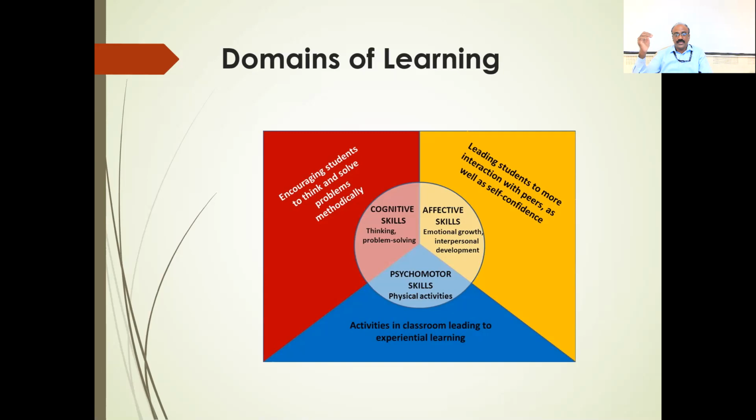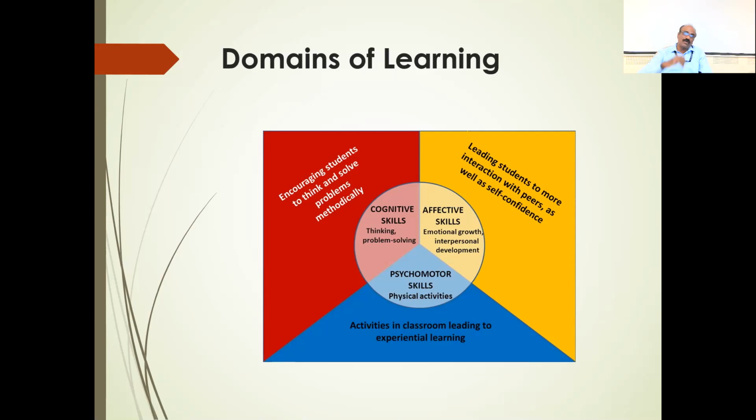So Bloom's taxonomy proceeds like this. It starts with knowledge, proceeds with comprehension, goes with application, then proceeds to analysis, synthesis, and evaluation.